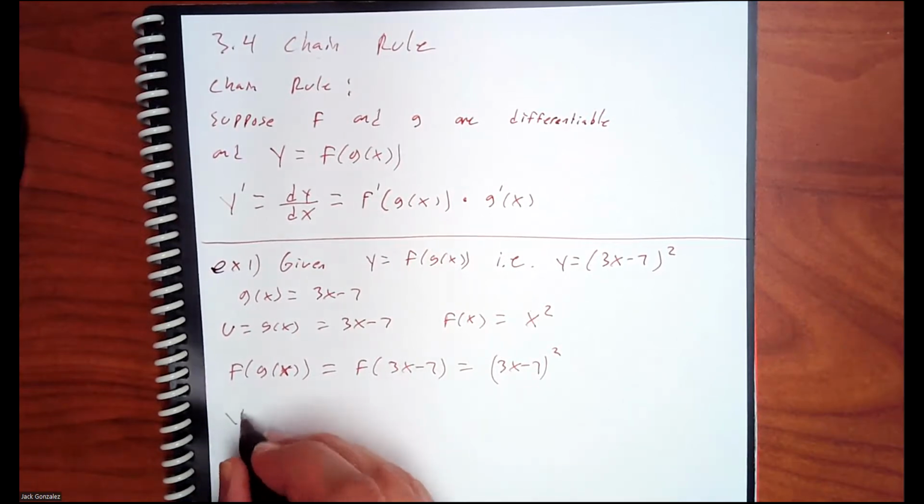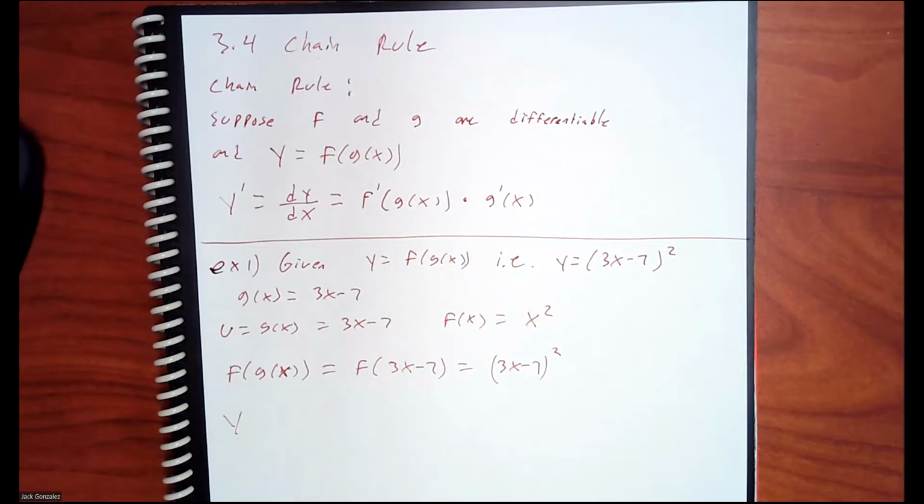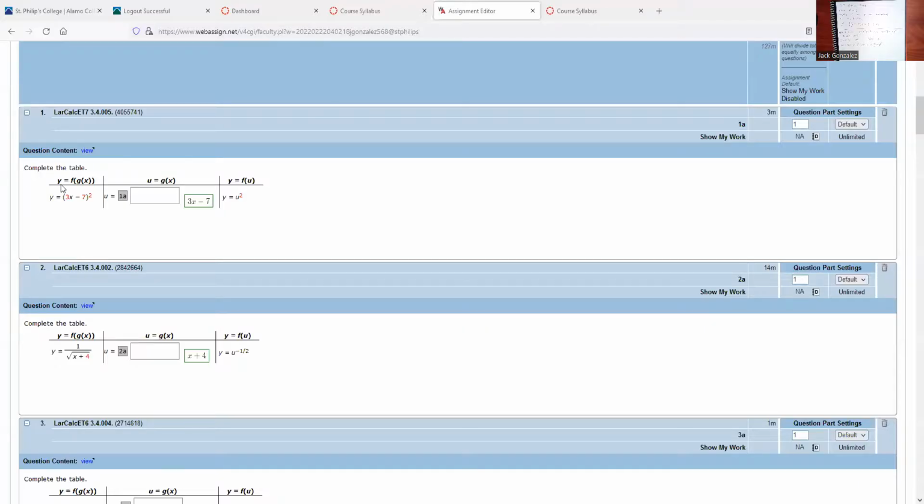So let's look at the homework problem again. Complete the table. Y is equal to f of g. They want to know what is the inner function g, what is the outer function f. So they call it a u squared. Who cares? I used x.